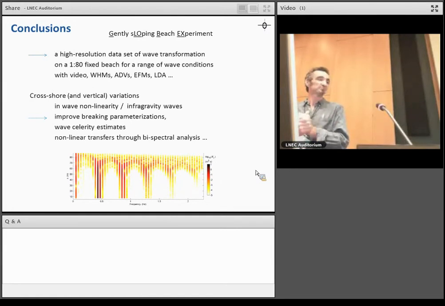The other idea was trying to estimate the bores propagating on a beach, and also try to get the backwash. I have to say that on this very shallow beach, one of the difficulties was also to clearly see where is the maximum rundown. Also with the terrestrial laser scanner, it was difficult to get it.